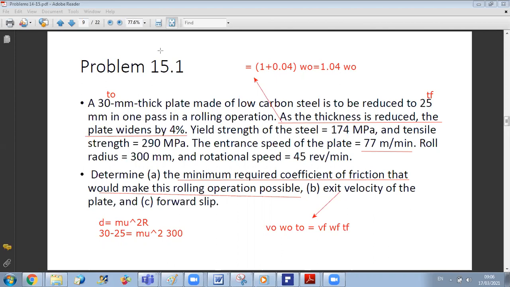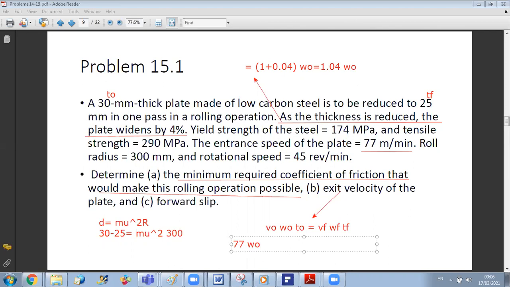I will replace V0 by 77, and then the result will be in meter per minute. Omega 0 I will keep, and for omega final I will replace it by 1.04 omega 0.